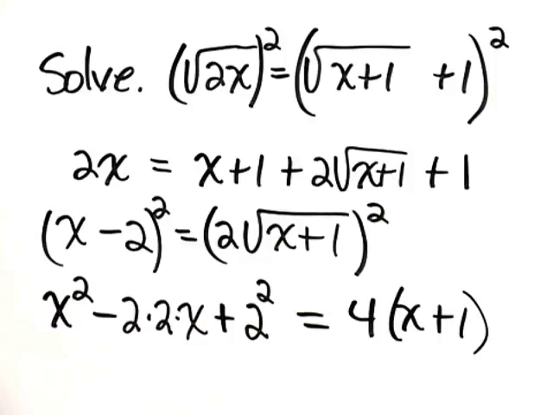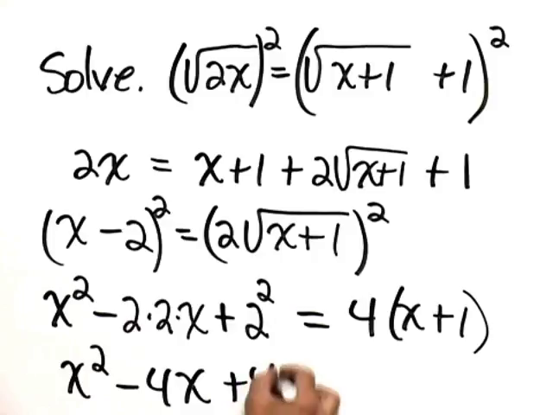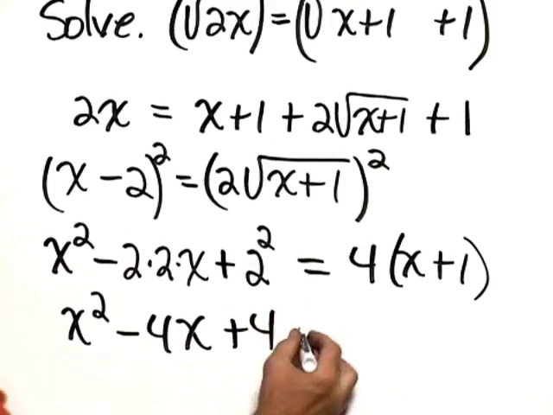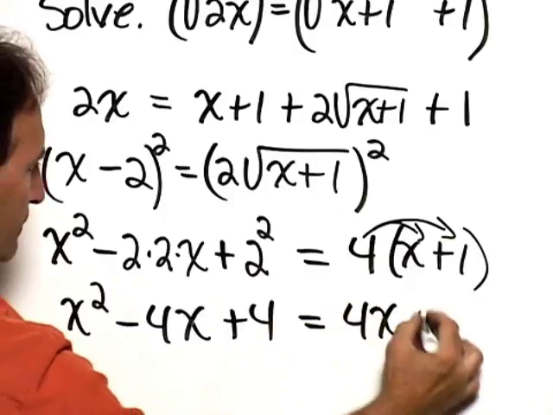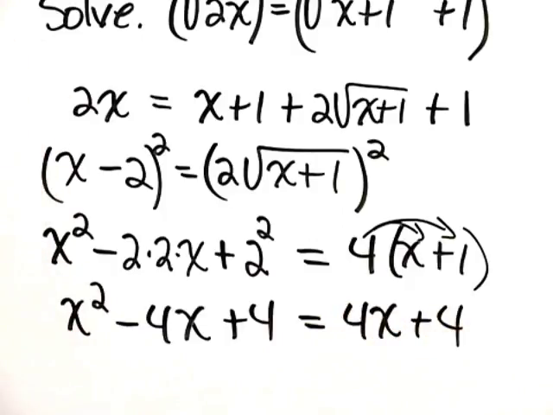Simplifying on each side, x squared remains as is. 2 times 2 is minus 4 times x. 2 squared is 4, so plus 4. On the right-hand side, we distribute the 4, giving us the result 4x plus 4.